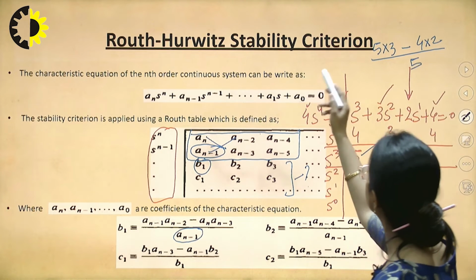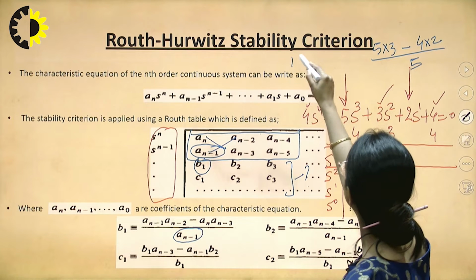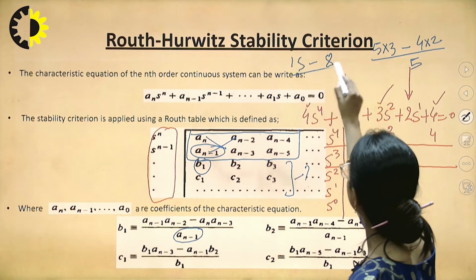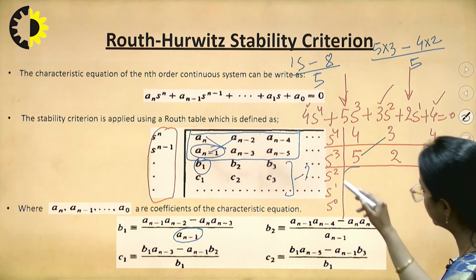So this will be 5 into 3 is 15, minus 4 into 2 is 8, by 5. This is how we get this term.